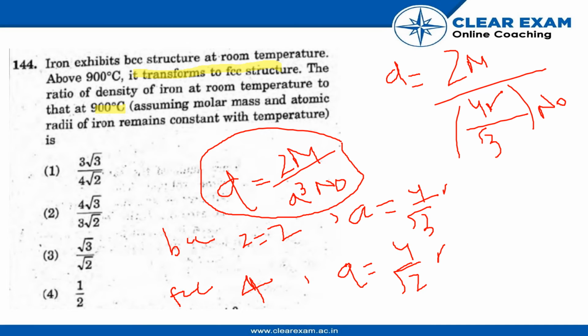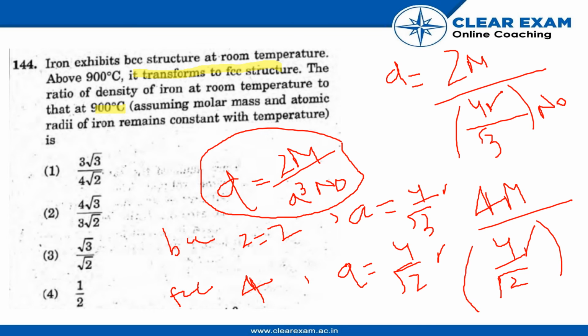And for the FCC we will get 4m over 4 by root 2 r, whole cubed, times N naught.